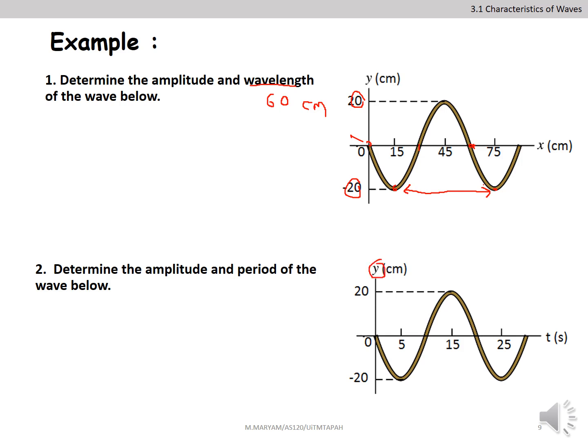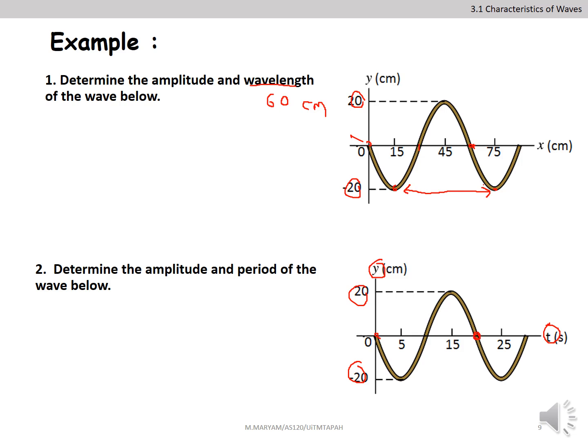Let's proceed with the second example. Determine the amplitude and period of the wave. As you can see here, the graph represents y versus t, displacement versus time. So the amplitude is the same, 20 centimeter, because the maximum height is 20 centimeter. How about period? One complete oscillation.